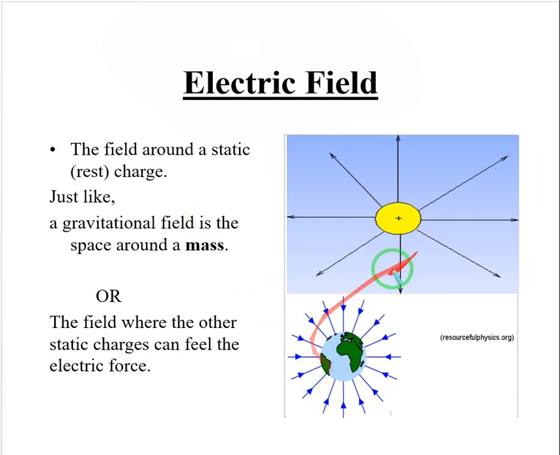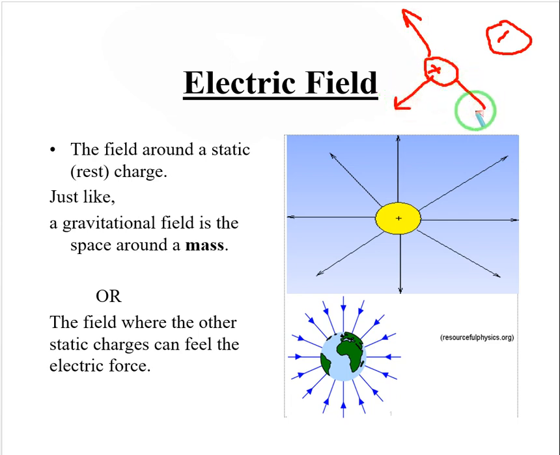Let's see. One thing you need to keep in mind about positive charge and negative charge: positive charge is always transmitting the rays, and negative charge is always absorbing, attracting the rays. So keep in mind these two concepts.